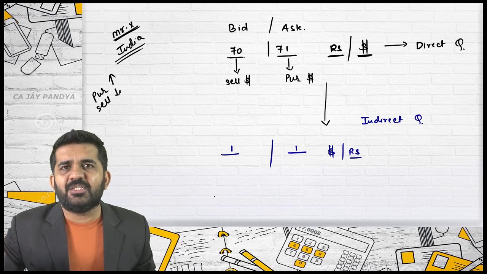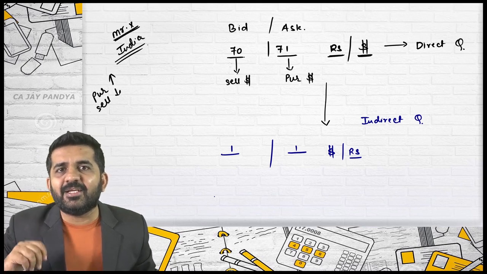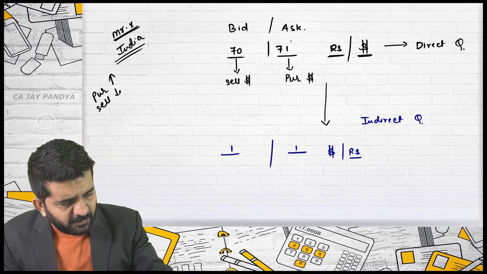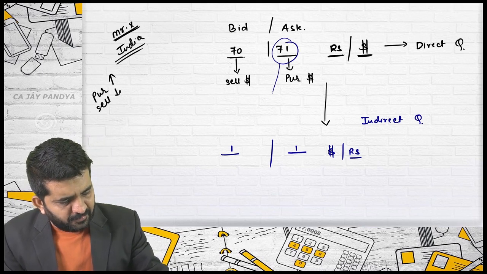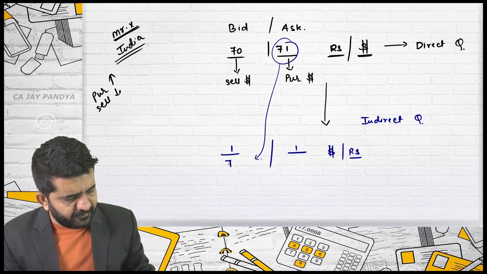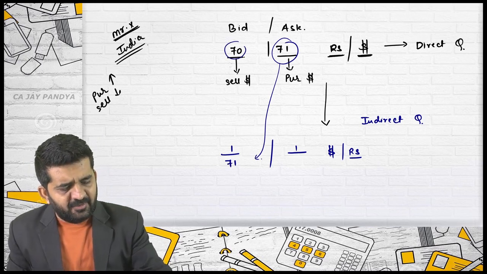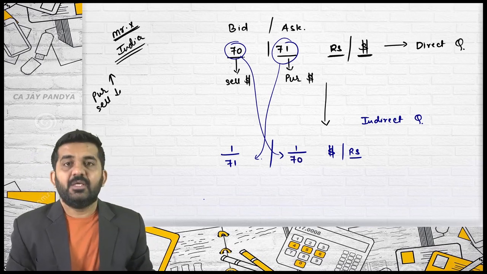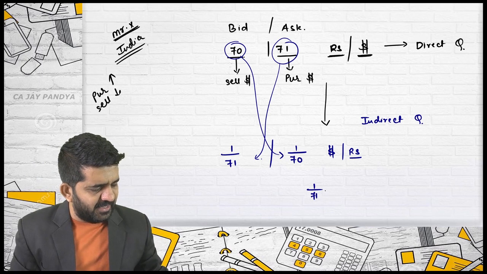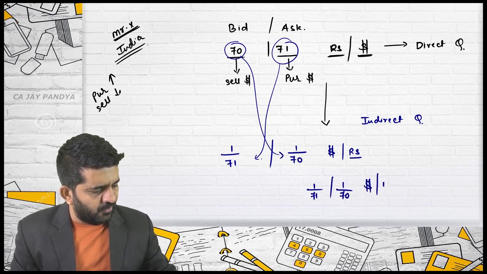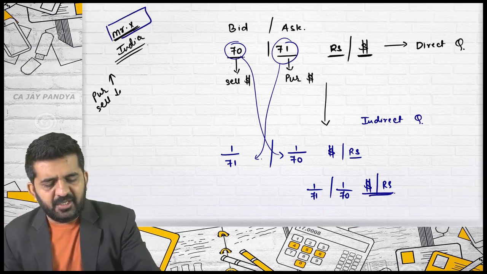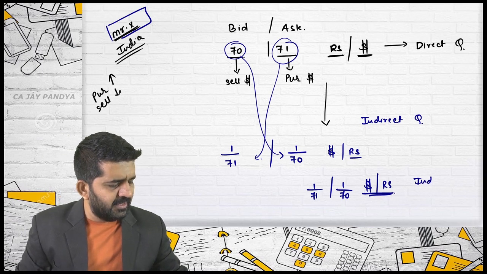Whenever direct is converted into indirect or indirect into direct, it will be a reciprocal. How? Ask will come in the denominator of bid, and bid will come in the denominator of ask. And this rate, 1 by 71 slash 1 by 70, is the rate of dollar per rupees, which becomes the indirect quote for Mr. X.